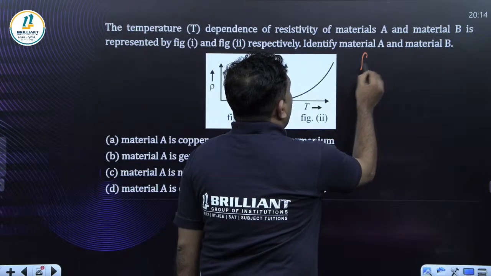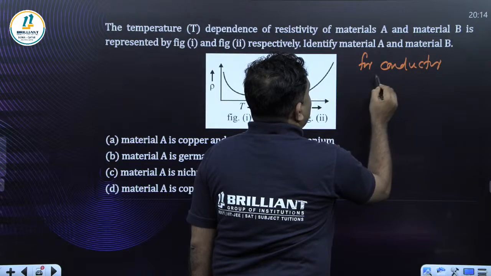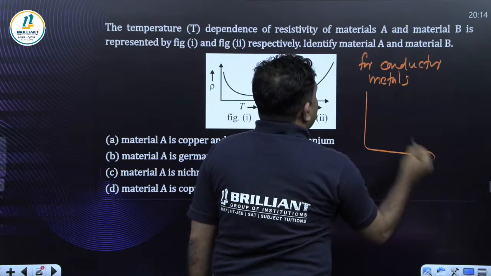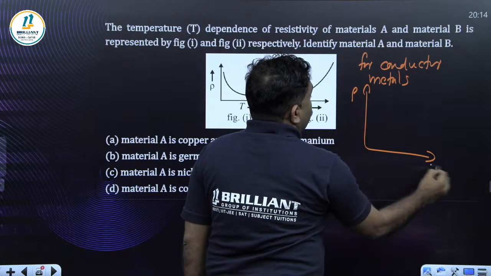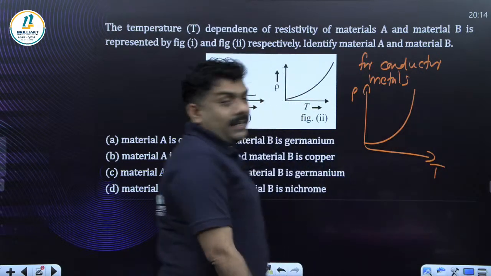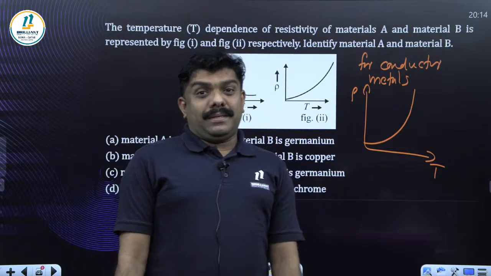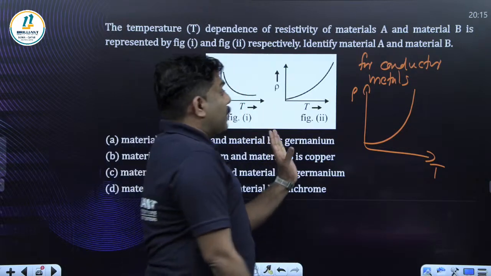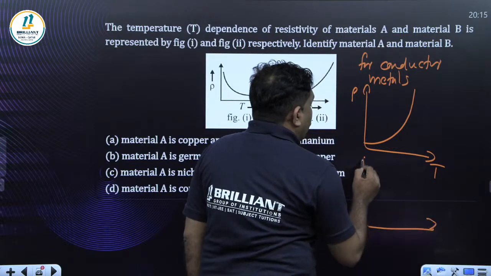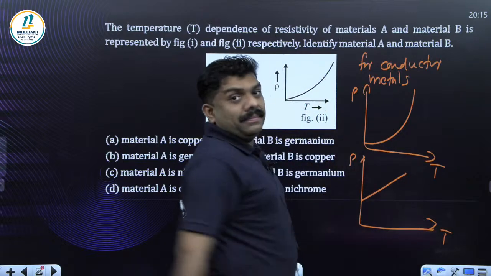First, for conductors, especially metals, the resistivity versus temperature graph will be like this. For alloys, which are a combination of metals, the rho-T graph will be a nearly straight line.